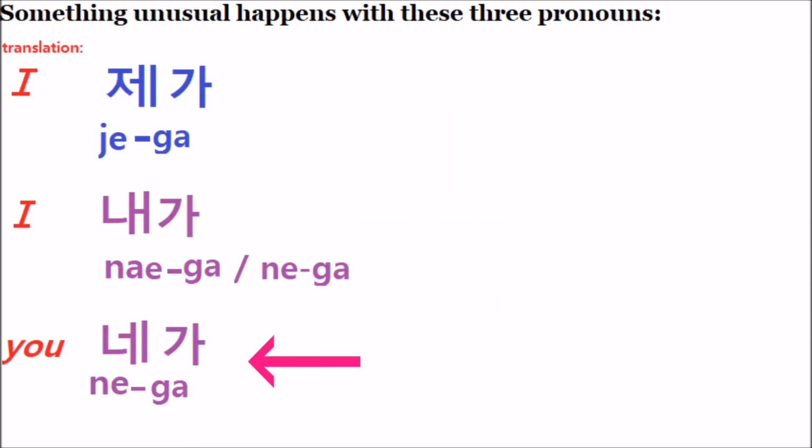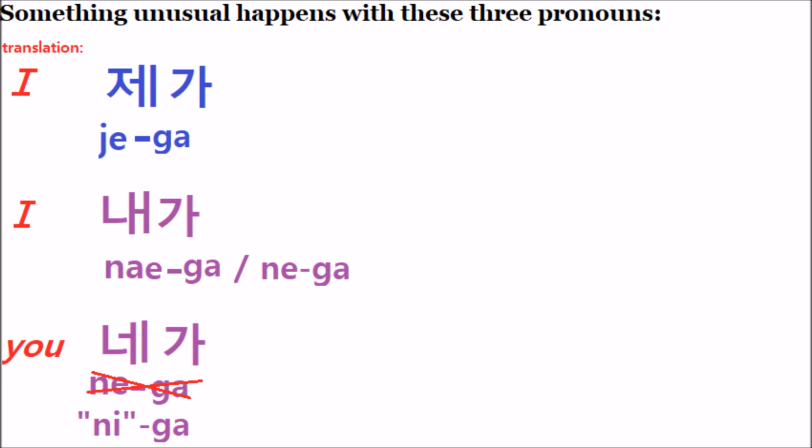And the third pronoun, ne, is the casual way of saying you, and it also gets both the e and the ga. It looks like it would be pronounced nega, but that sounds really close to casual I, nega. So instead, it is pronounced in a surprising and unexpected way, ni, ga.